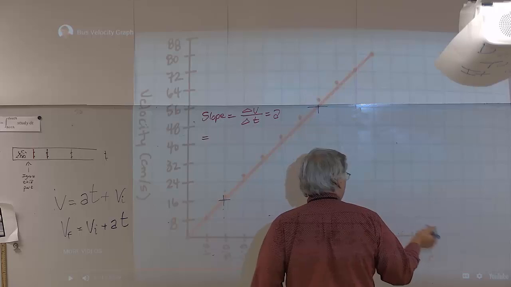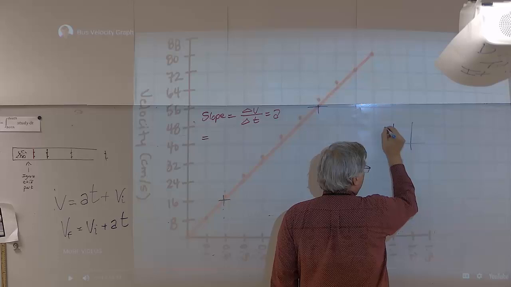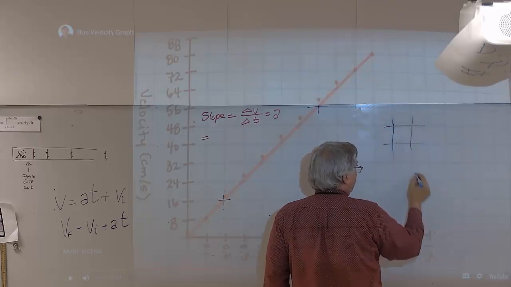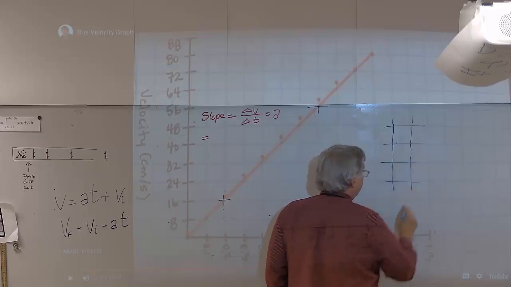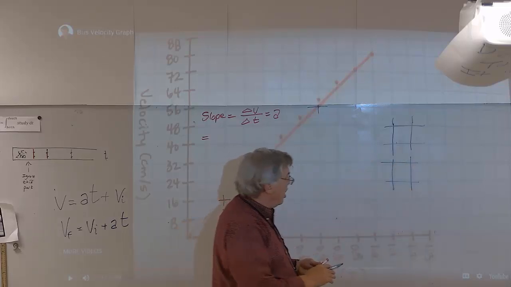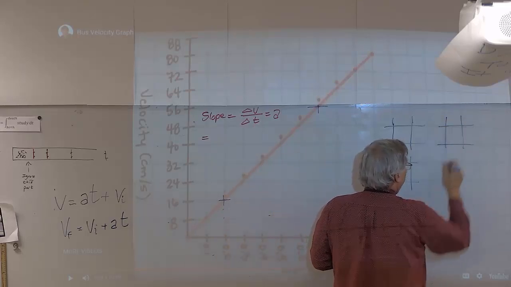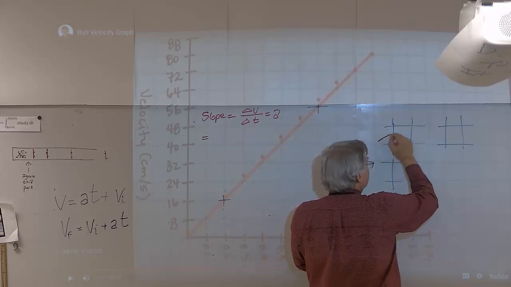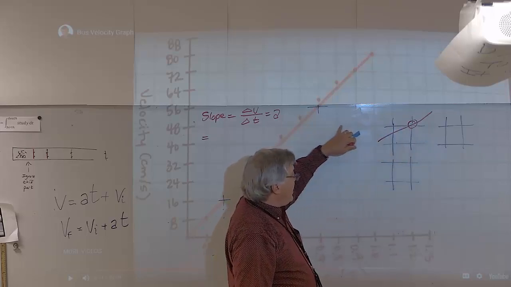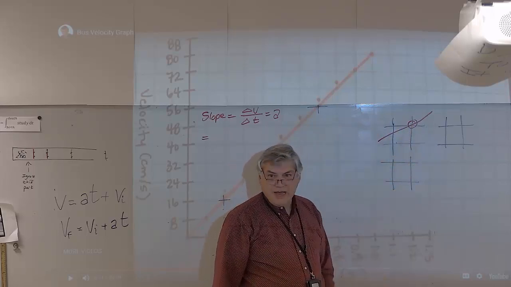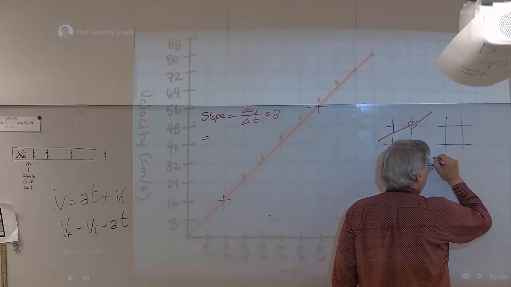Now, when you're doing a graph, the points that are easy to spot, of course, if it goes through a corner, okay, if you've got a line that goes through a corner like that, that's an easy spot, right? Because we can follow that line over there, and we can follow that line down there, and we know exactly where that is. But some other spots that are easy are like this.